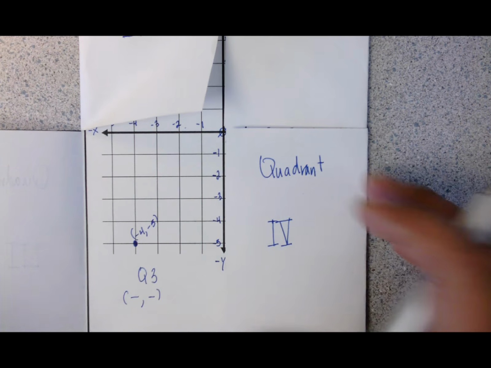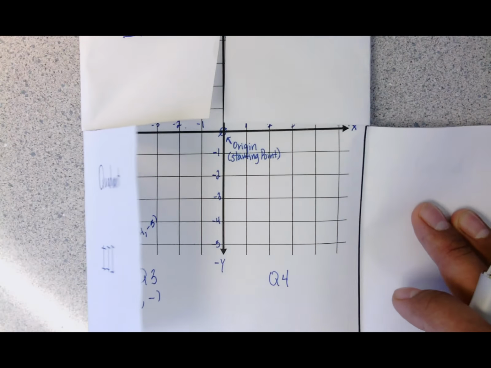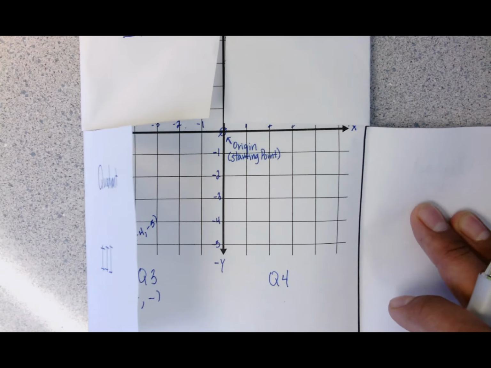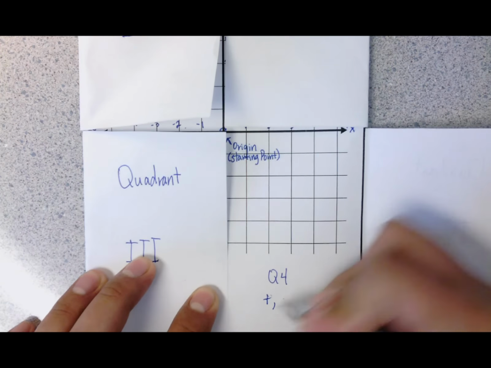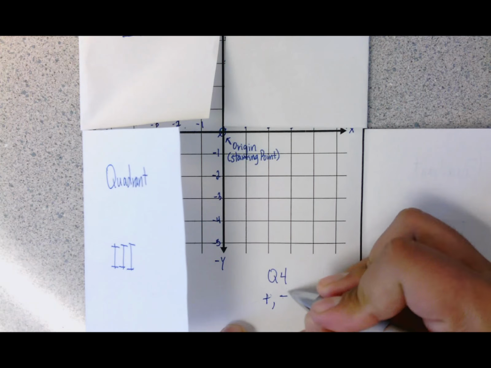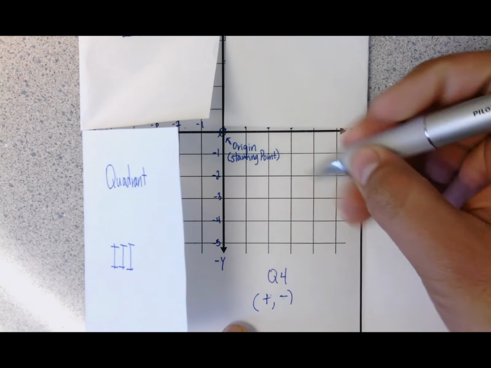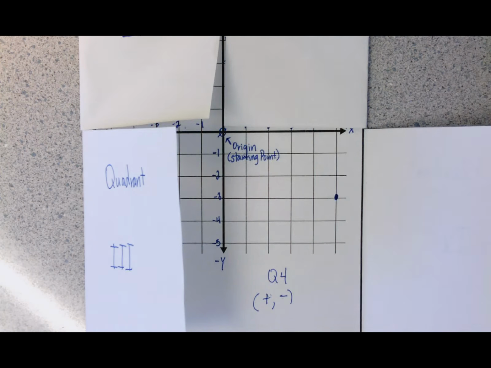Okay. All right, let's continue on. The x-axis on this is positive or negative? Last one. Positive. And the y-axis is what? Negative. Yeah. Isaiah, what is the ordered pair for this dot that I just put?